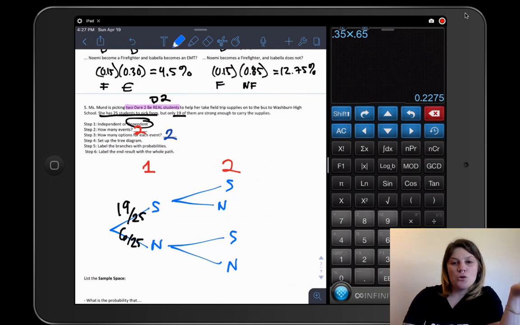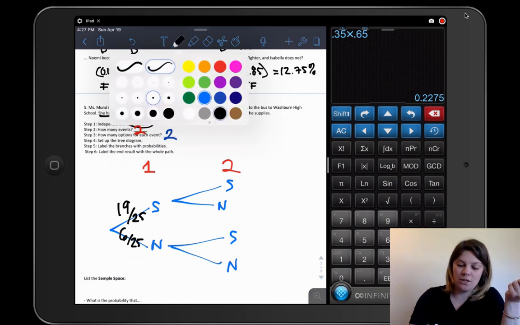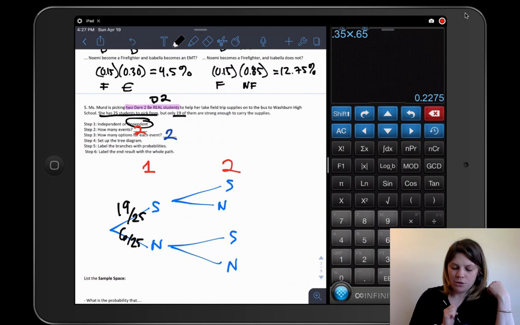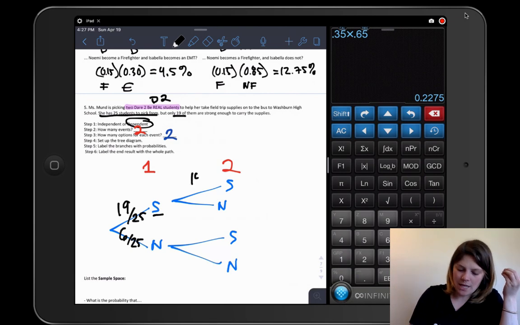But you have to think about, you already picked one of the students in the first scenario, right? So if you go down this path, you already took one of the strong students out. And so that means there's only 18 strong students left out of a total of 24. So this is why it's dependent.